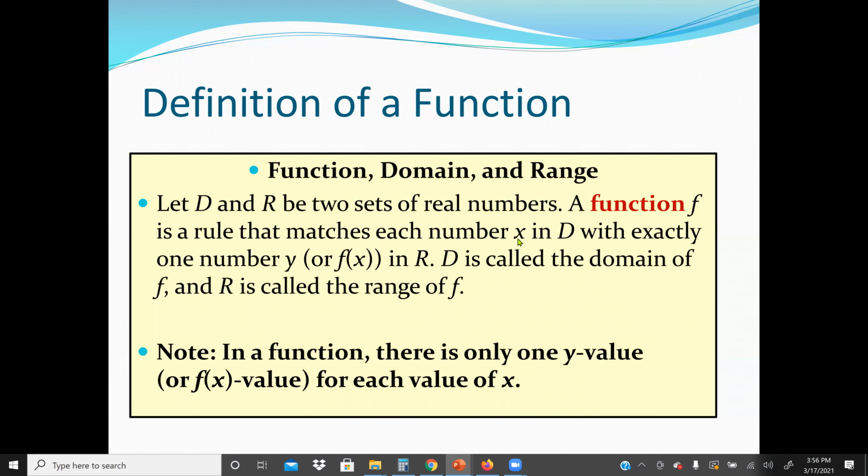That means an input variable should only give us one answer for output, not two answers. Then it's a function. So in a function, there's only one y value, or f at x value, for each value of x.